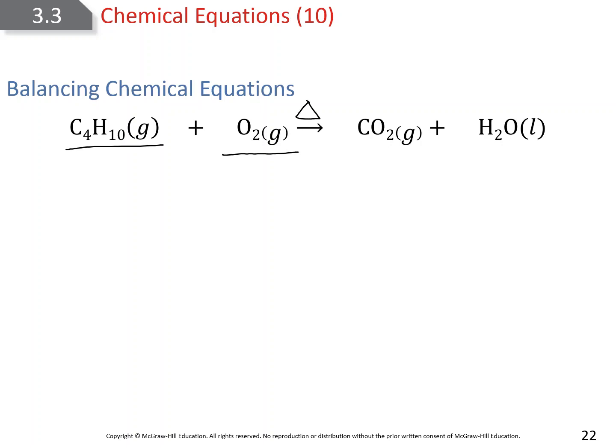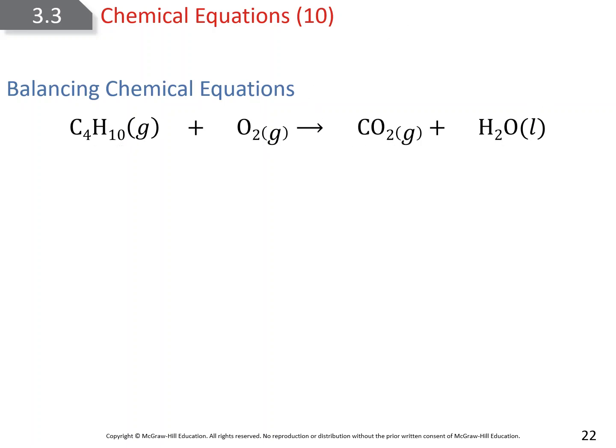The triangle represents heat. Again, combustion, blowing things up, always gives us carbon dioxide and water as our products. And by the way, this L should actually be a G because it's with heat. And if it's with heat, that means the water will not be a liquid, it will be a vapor.